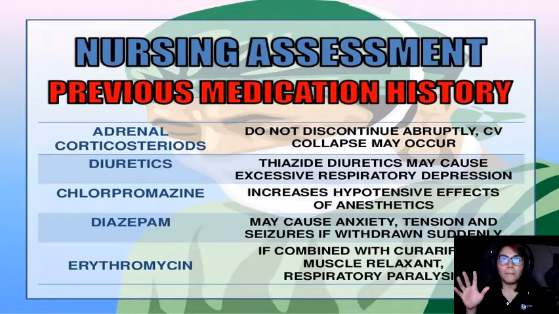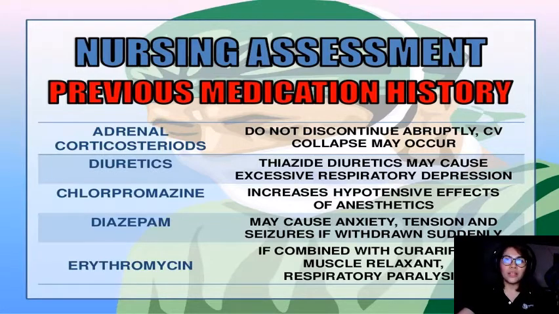But it's very important that if you encounter these medications, you are aware which medications need to be stopped abruptly or weeks or months before the surgery, and what their effects are during or even after surgery.